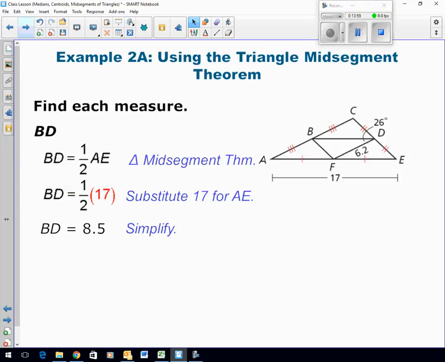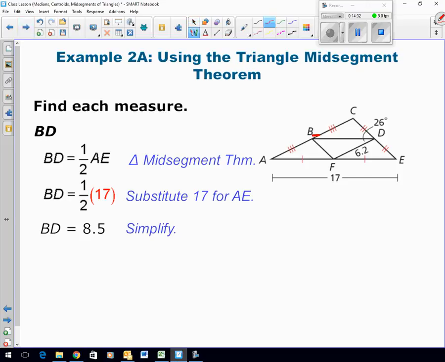All right, let's check this out real quickly. If BD is parallel with AE, and BD represents a midsegment, BF would be parallel to CE, and DF would be parallel to AC.